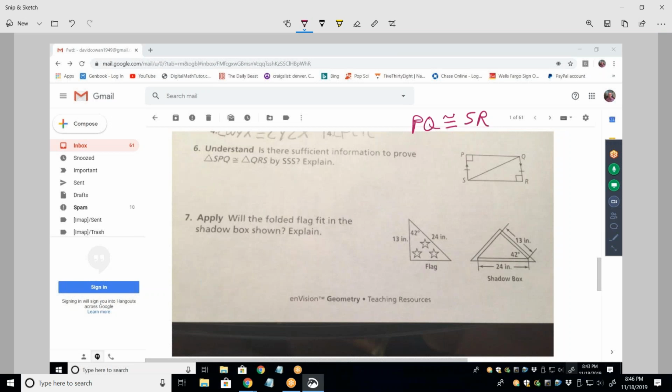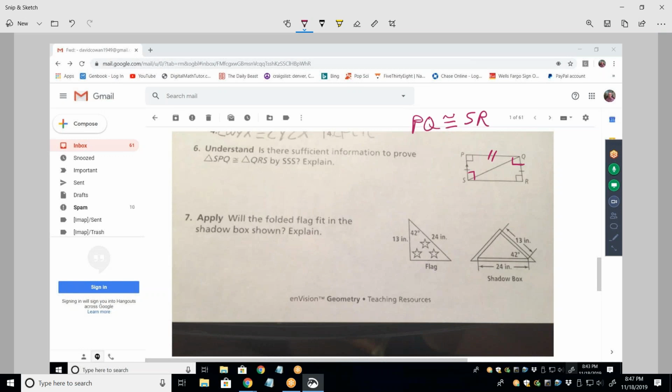Now, there's various formulas in geometry. This is a rectangle. How do I know it's a rectangle? Because it's got 4 right angles. And if it's a rectangle, opposite sides are equal.